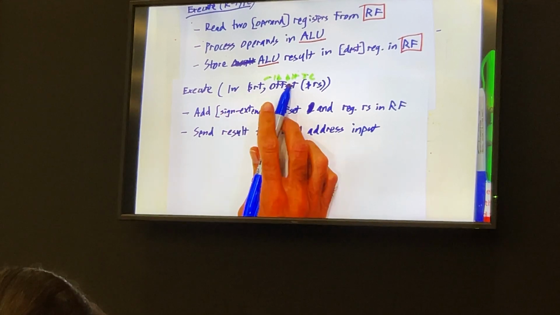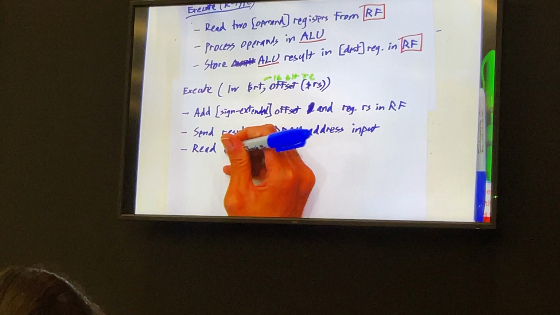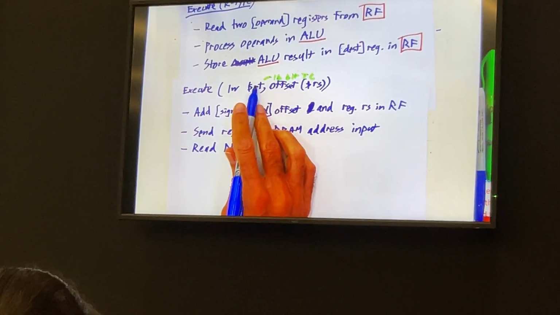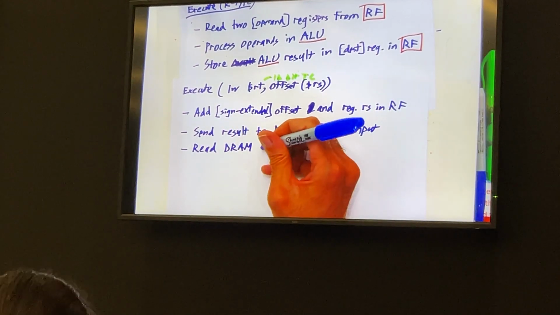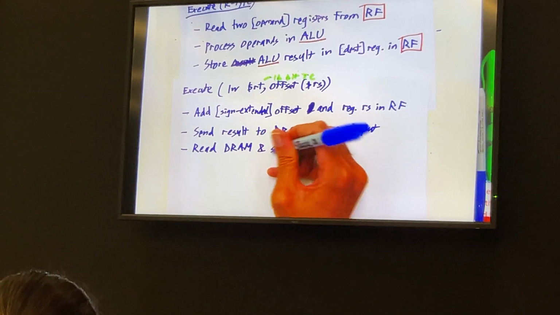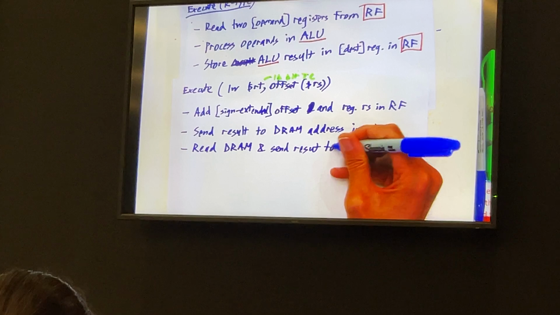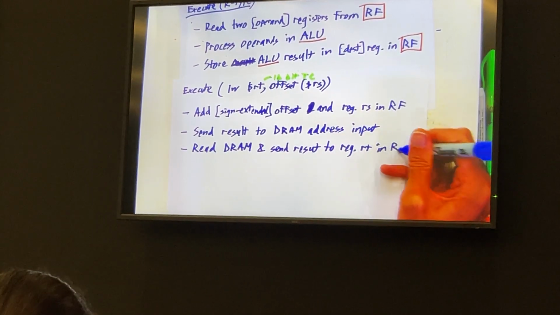When we're doing a load word, we're going to read that memory. And where are we going to read it to? We're going to read it into RT, which is in the register file. And send the result to register RT in the register file.